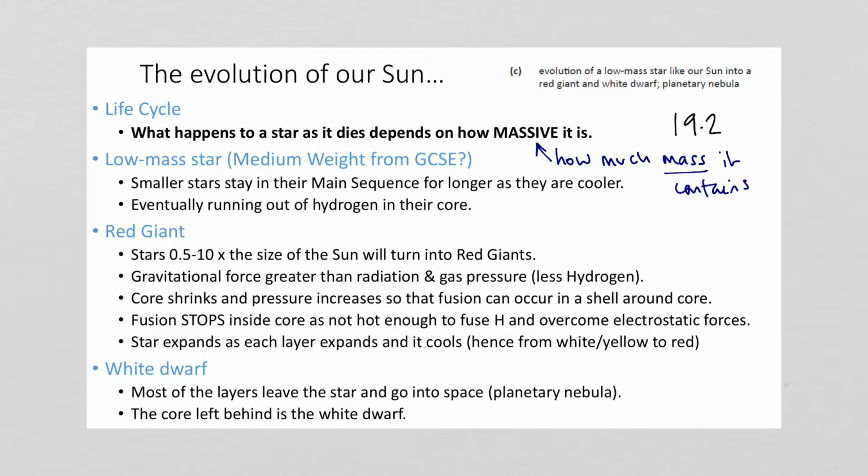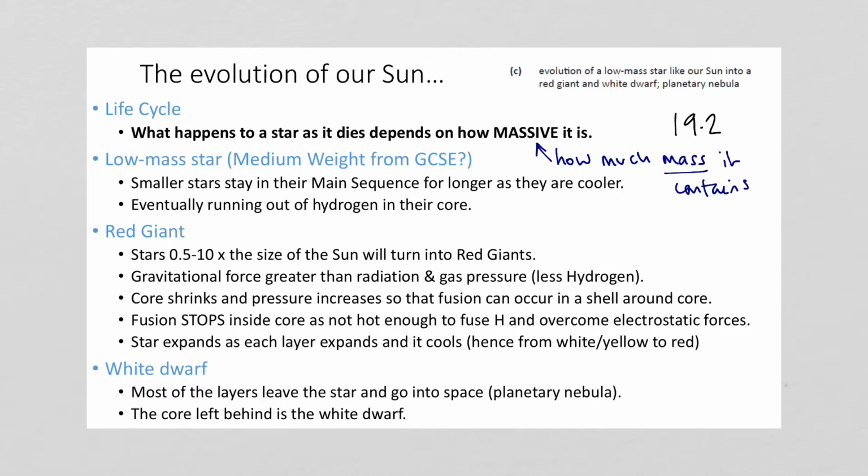And what happens is the gravitational force becomes greater than the radiation pressure because there's less hydrogen. The core then gets smaller, it shrinks, and the pressure increases so that fusion can still occur, but in each shell around the core.